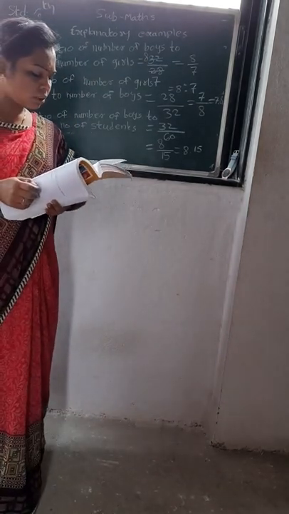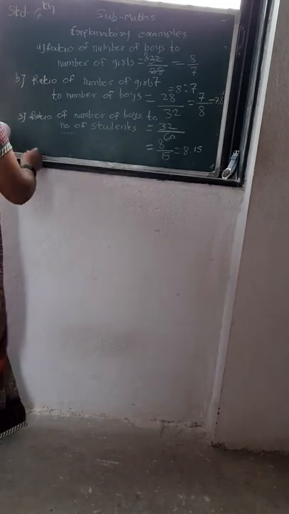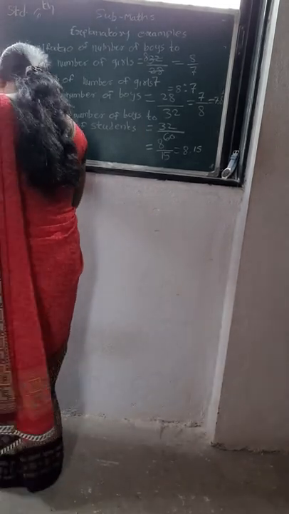Fourth one ratio is number of girls to total number of students.